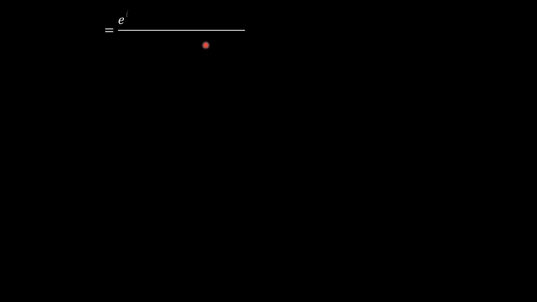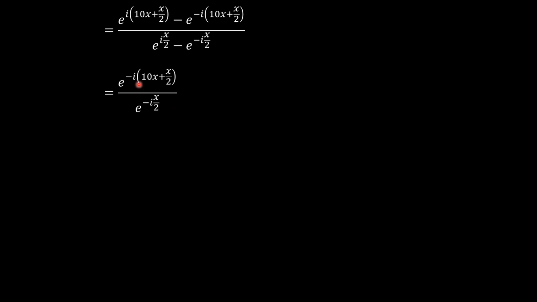So we pull out e to the power negative i, 10x plus x over 2, and in the denominator we pull out e to the power negative ix over 2. As we can see, in the numerator we have to leave an extra e to the power i, 10x plus x over 2. Similarly, in the denominator we have to put this extra e to the power ix over 2.